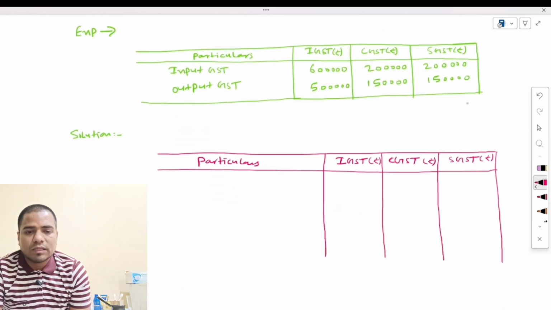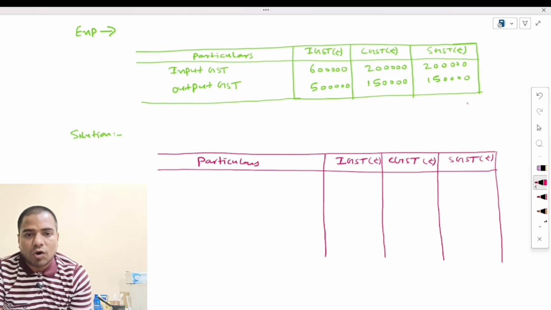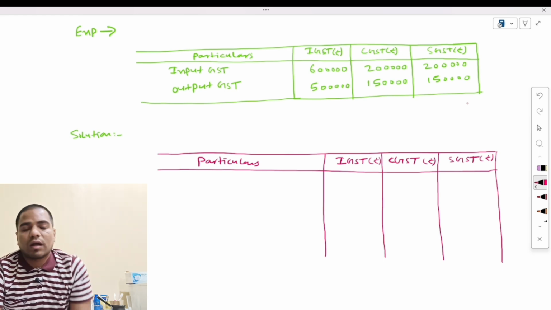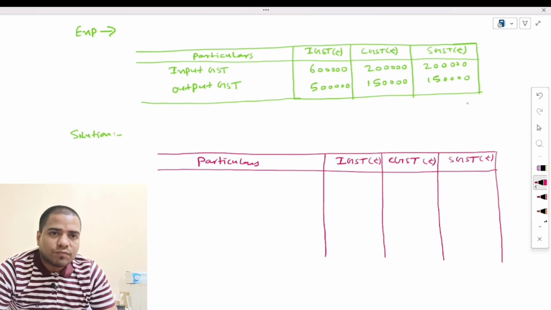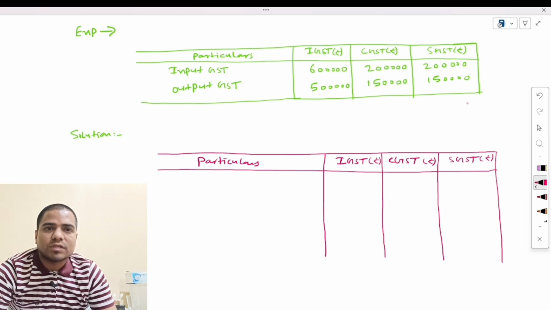Let us see here. This is the format that we will use for GST set off. Here the output GST balance and input GST balance is given. Input GST balance: 6 lakh, 2 lakh and 2 lakh. Output GST balance: 5 lakh, 1 lakh 50,000 and 1 lakh 50,000. First of all, we have to write the output GST balance, because we have to set off the input GST balance with the output GST balance.